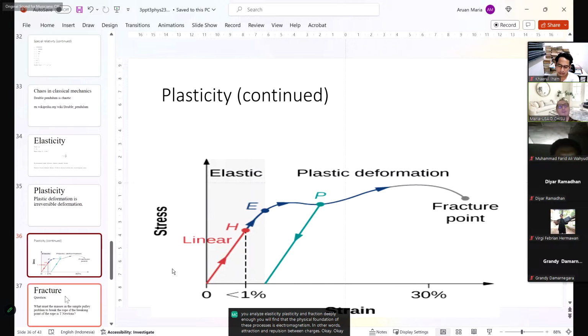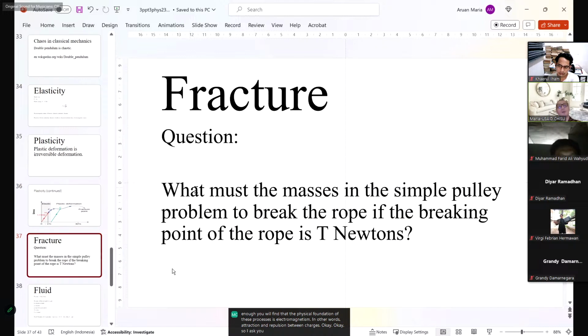Okay, so I ask you about the pulley problem once again. Oh, I have realized that you didn't see the pulleys because I didn't switch my screen. Oh, I'm really sorry. I didn't know.